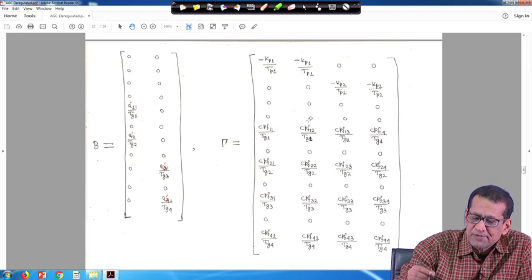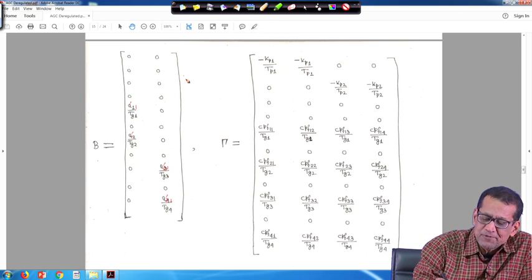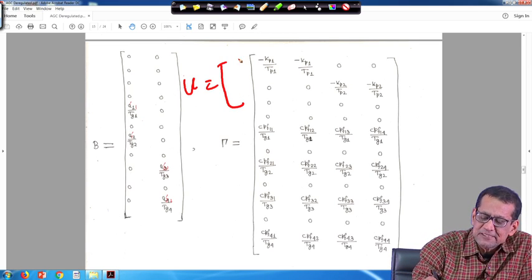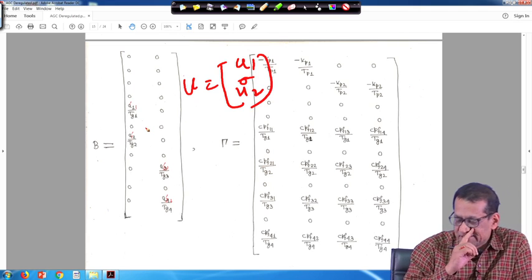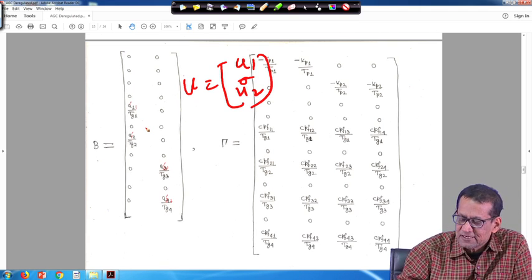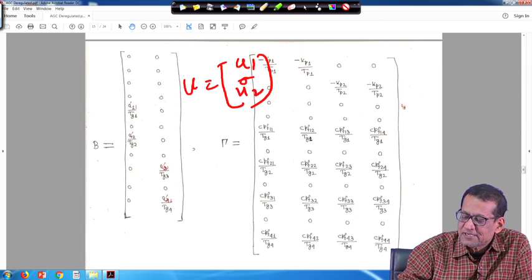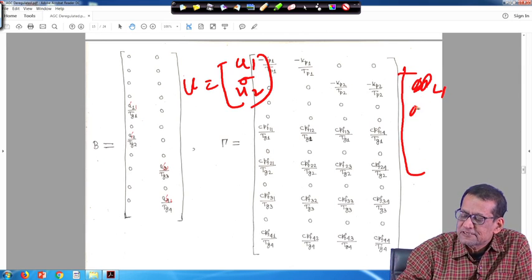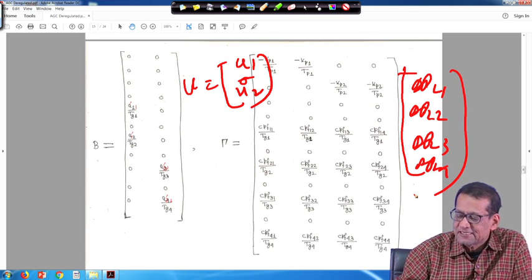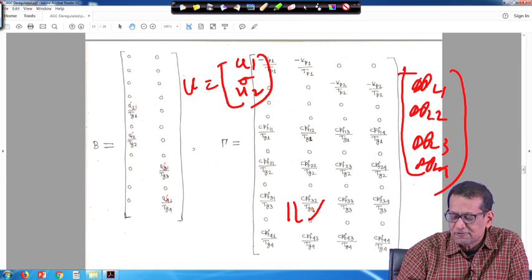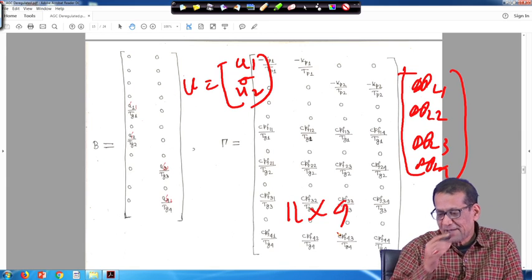There should not be any confusion, right. U means U1, U2. That is why this matrix is 11 into 2. Gamma capital P is nothing but your delta PL1, delta PL2, delta PL3 and delta PL4, right. That is why it is your 11 into 4 matrix. Next is the other gamma, with small p.